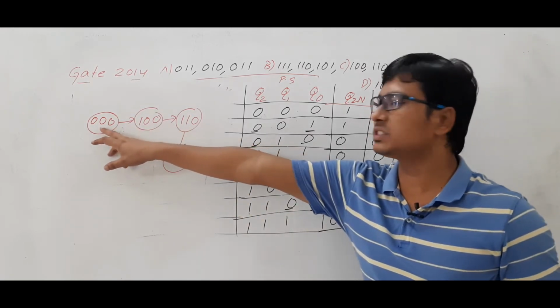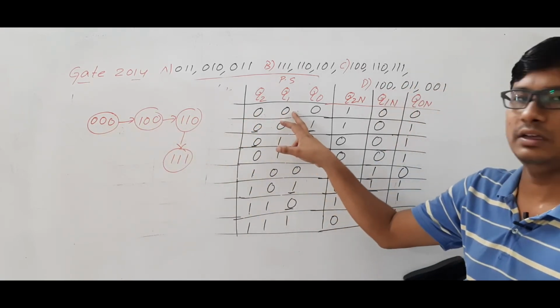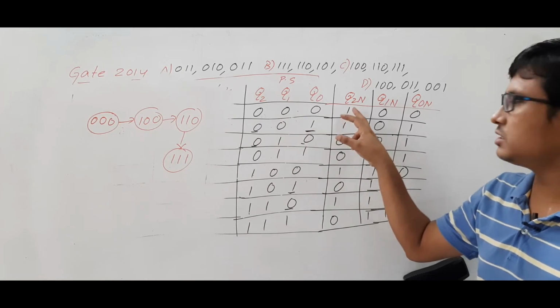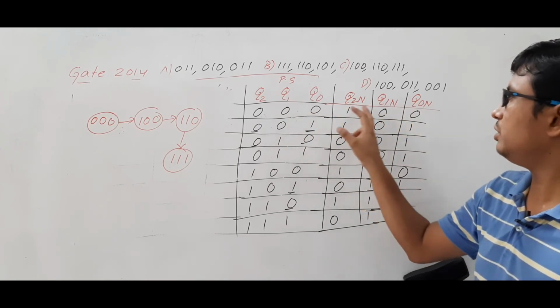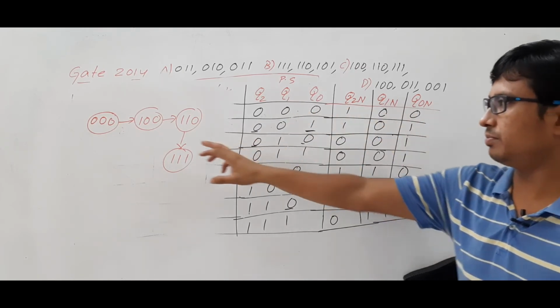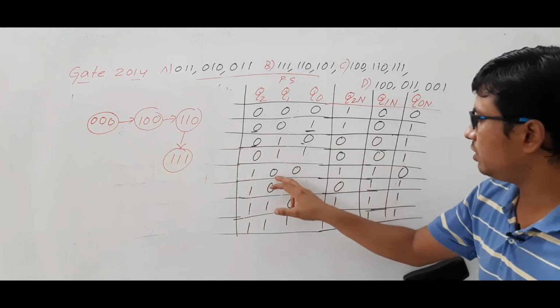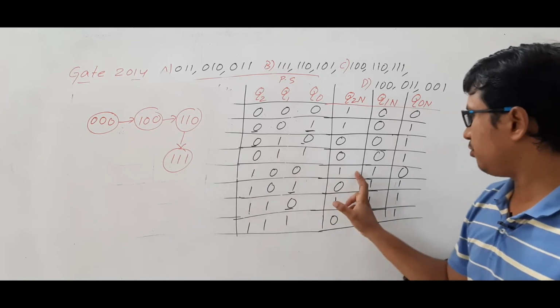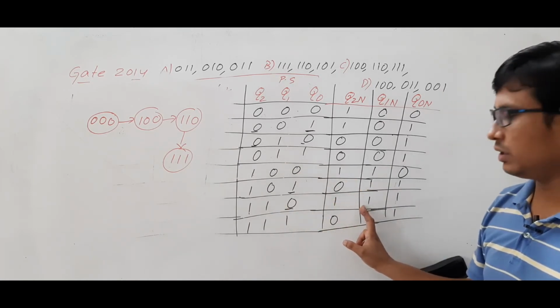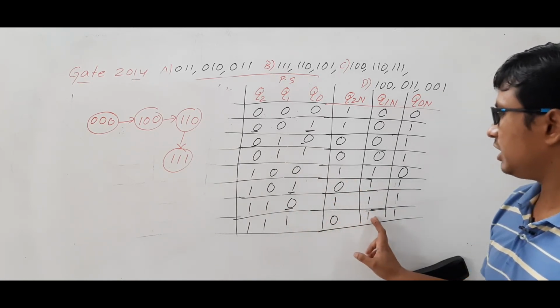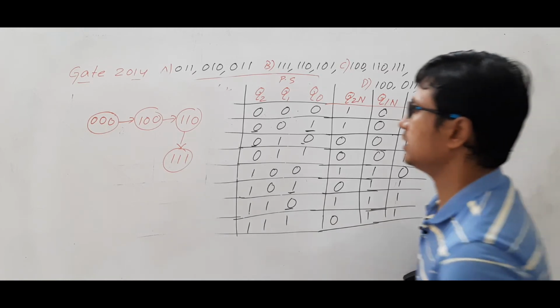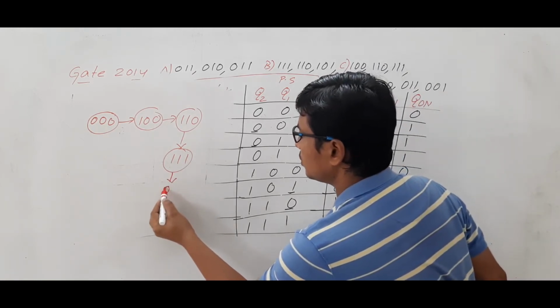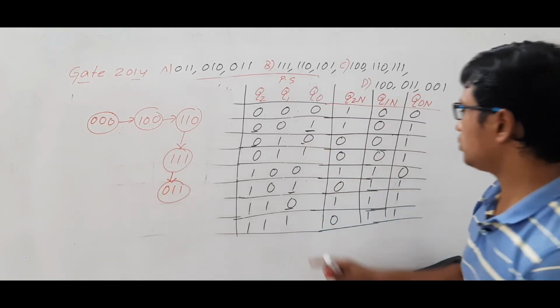They are saying that it was initially 0, 0, 0. Then where did it go? The next state is 1, 0, 0. From 0, it went to decimal number 4. Now go to 4. From 4, where did it go? 1, 1, 0. From 1, 1, 0, it went to 1, 1, 1. From 1, 1, 1, it went to 0, 1, 1. Now go to 0, 1, 1.